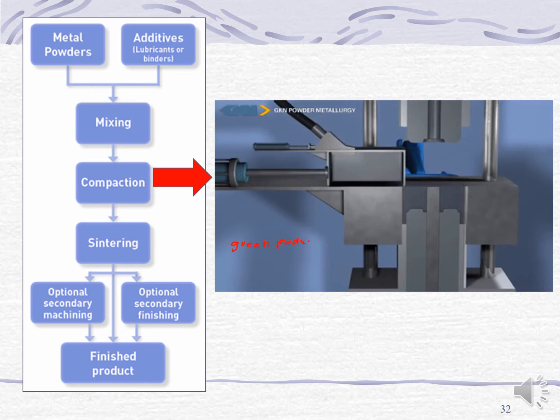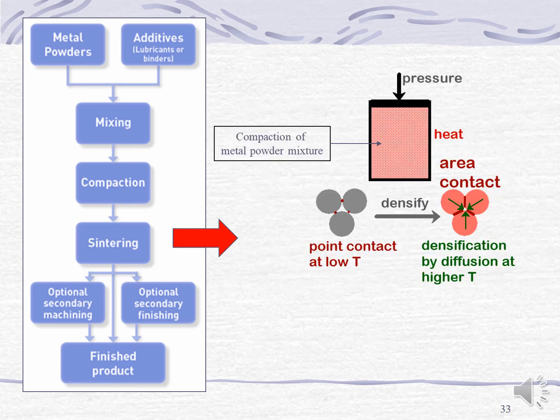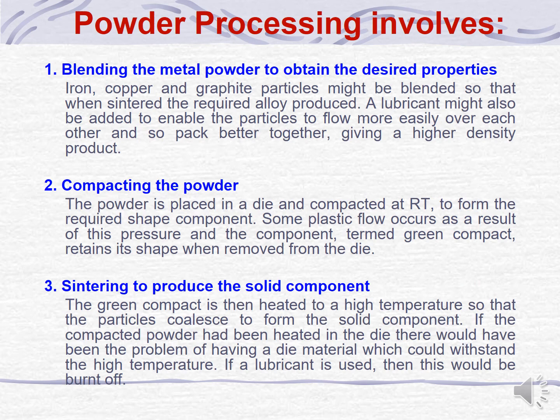Then after that, this green product is heated to a high temperature during the sintering process, so that the particles in the green product will coalesce to form a solid component. This is the detailed explanation about the powder metallurgy processing.